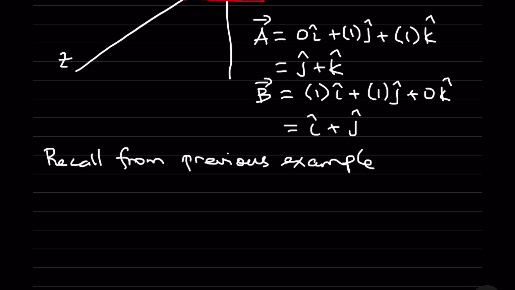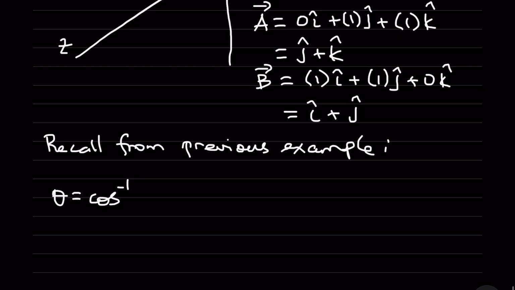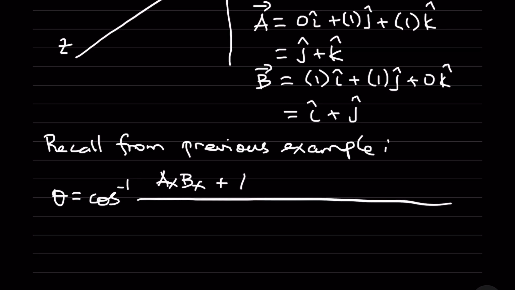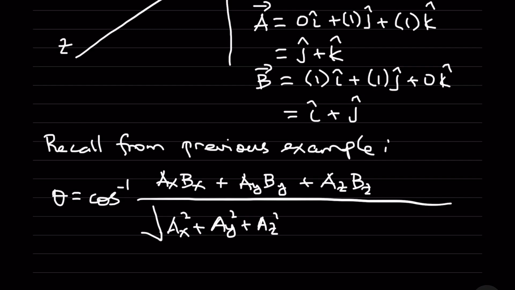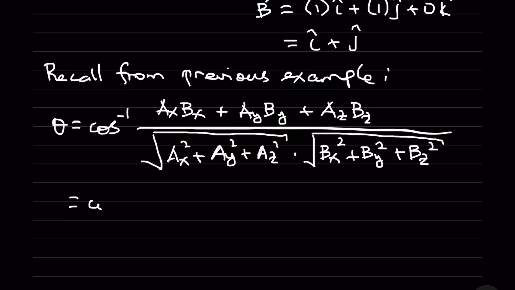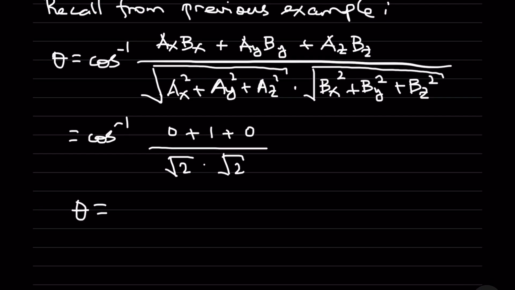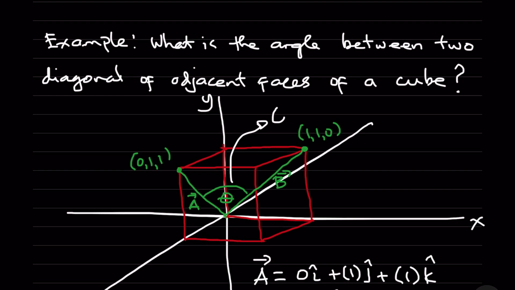Recall from the previous example that the value of the angle between the two vectors, theta, is simply equal to arc cosine of AxBx plus AyBy plus AzBz divided by the product of the magnitudes of vectors A and B. What we do next is we simply substitute the values of the x, y, and z components of vectors A and B. Using your calculator, you'll find that the value of the angle is equal to 60 degrees.